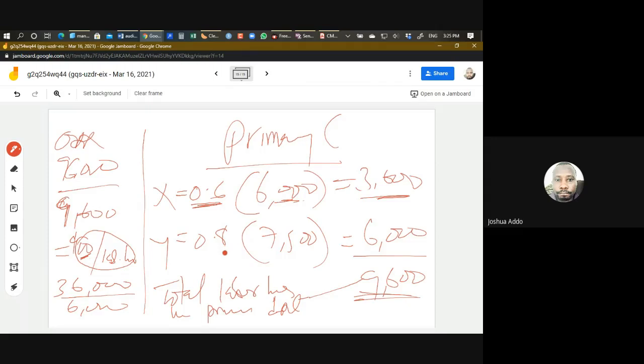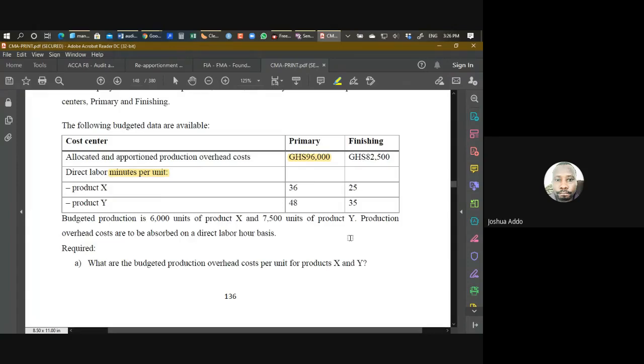So we have the two products partly accounted for in terms of the overhead charge. For product X, we have seen the portion coming from primary. For product Y, we have seen the portion of overhead cost coming from primary. And remember, we have 2 departments. We are treating them departmentally. So we go to the other department, finishing.